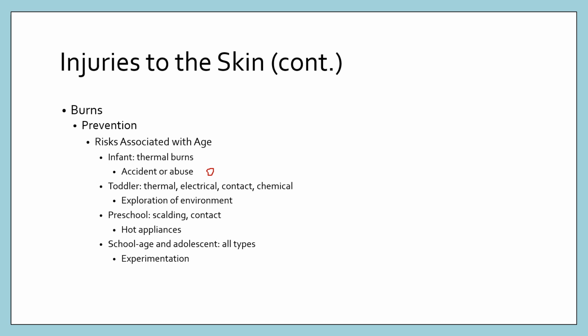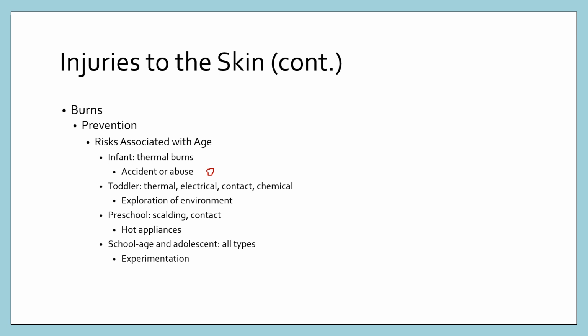Or if it's an accident, you can tell because school-age kids are most likely to get burned by experimenting, say, when kids discover that they can make fire by taking hairspray, for example, and lighting it with a lighter. Well, they could get really burned doing that, but it's not abuse.